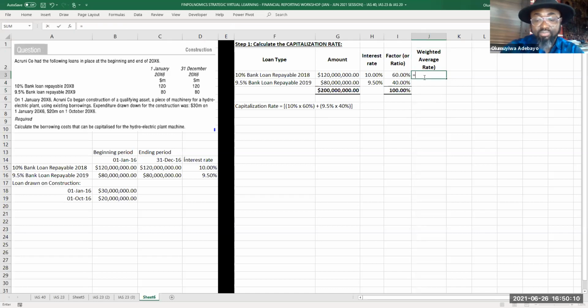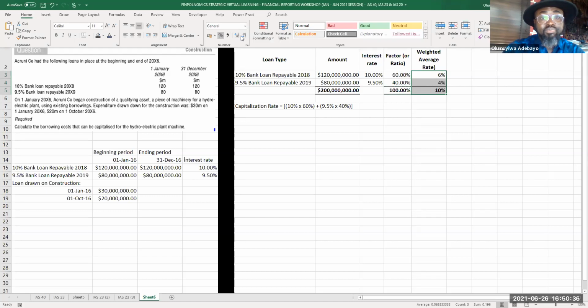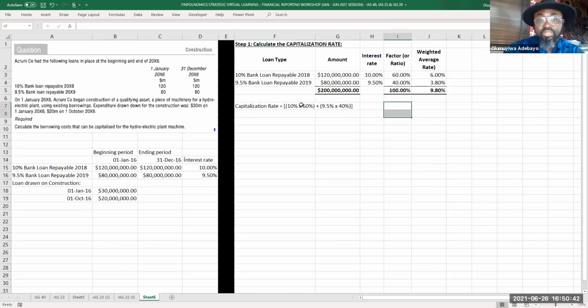The weighted average rate is the product of this, which is 10% multiplied by 60%, and I can just drag it down. And what does that give me? That gives me 9.8%. And that is it, which means this rate is what I have here, 9.8%. Very straightforward.